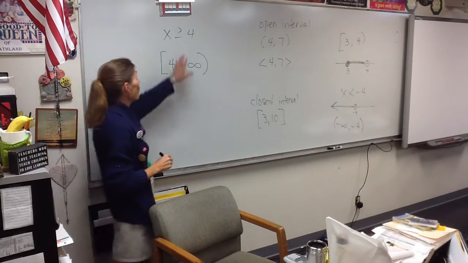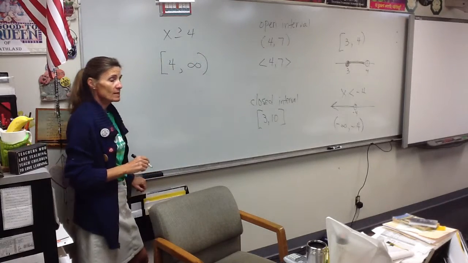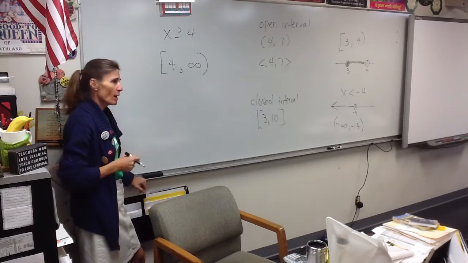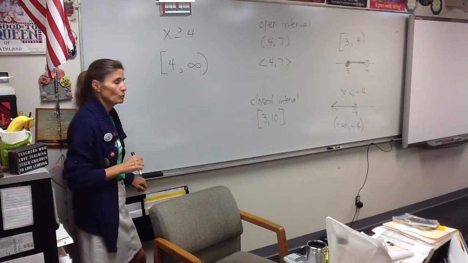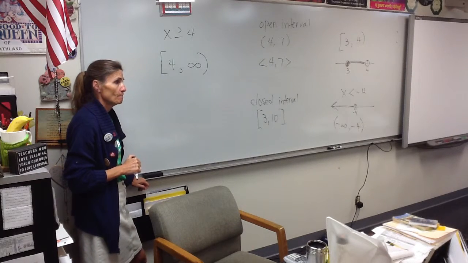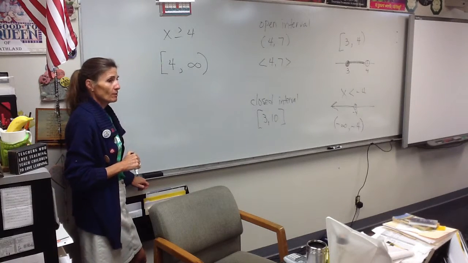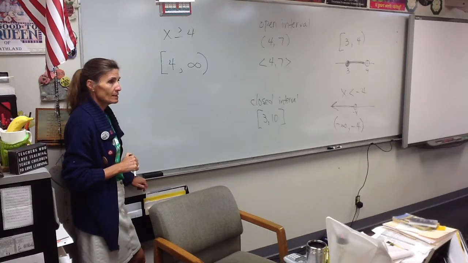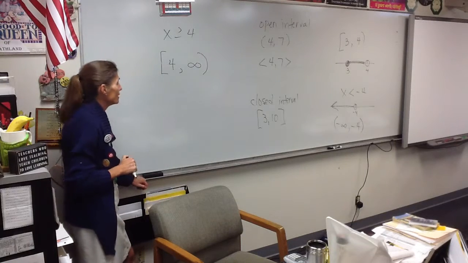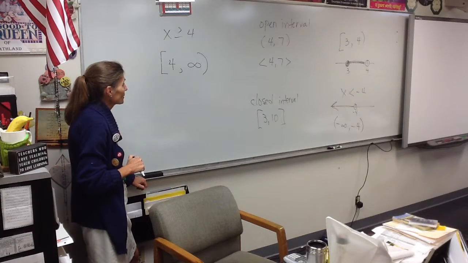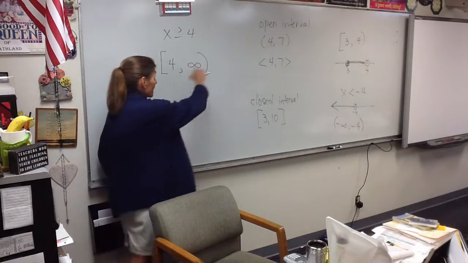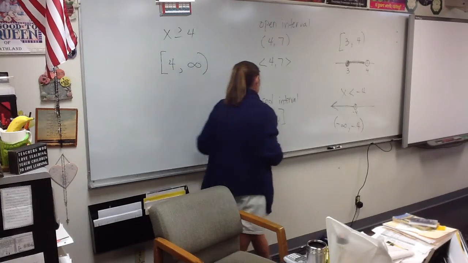No matter what the symbol is in the problem, the infinity is always open. Anybody want to take a wild guess why that is? That's a hard and fast rule. Do not mess with it. Anybody want to take a guess why maybe that's the case? Can you ever color in infinity? Can you ever get to infinity and color in that dot? No. So this indicates you just keep going all the way up to infinity. Super. Any questions about that? Tonight you'll be going back and forth between the various notations. All right, next.